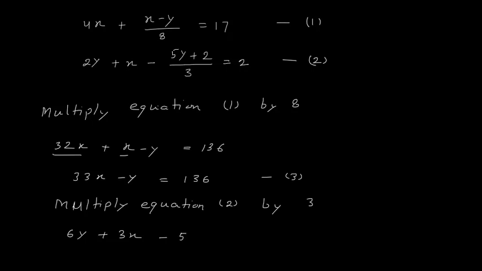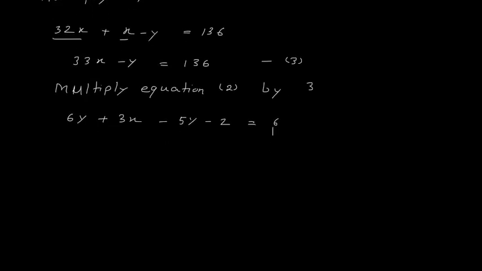So 5y and minus 2 is equals to 3 multiplied by 2 is 6. Okay, so be very careful while you are multiplying and opening the brackets, or if there is a minus sign, solving such kind of questions. So this is 3x, write 3x, 6y minus 5y is y.